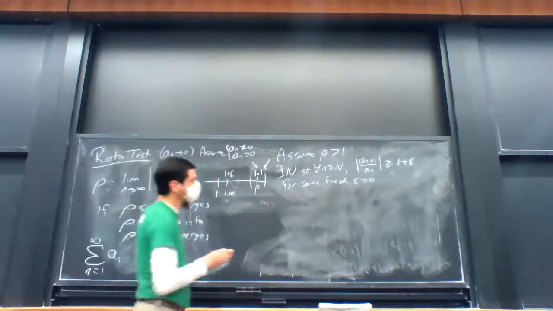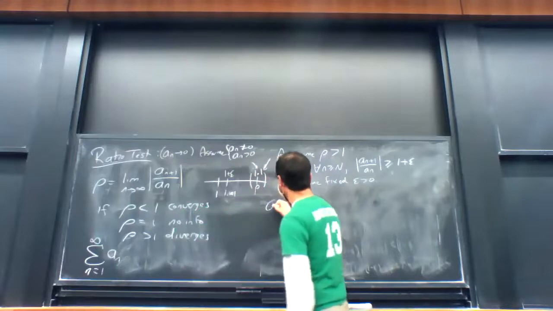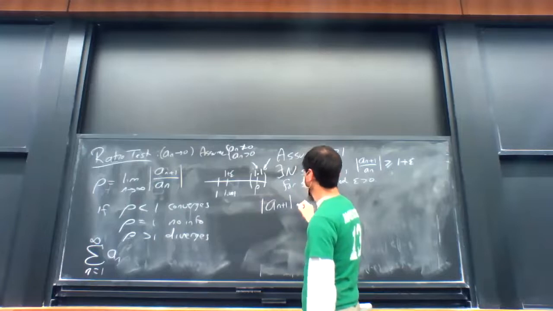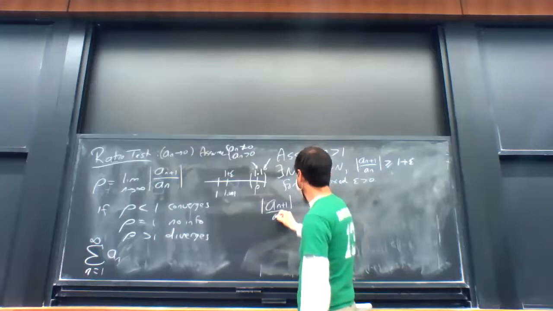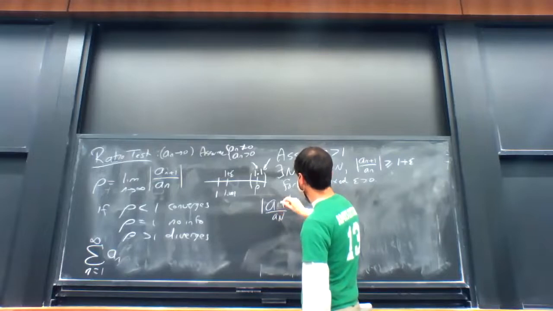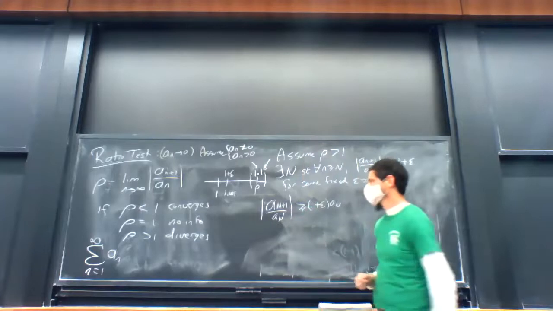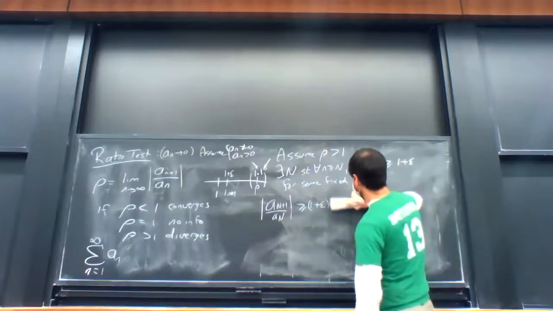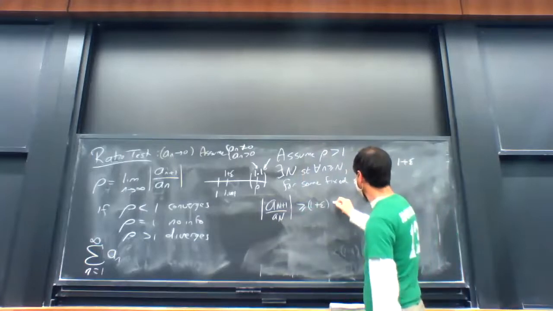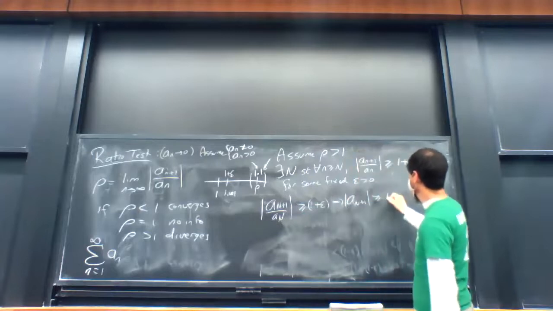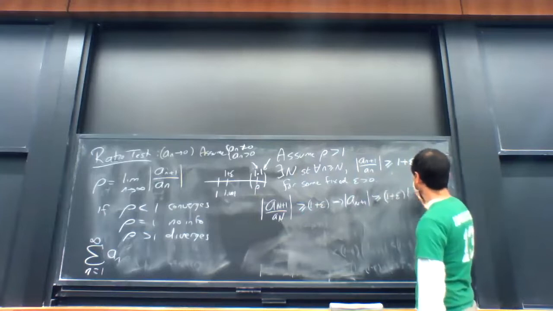So now let's look at what's going on. The ratio |a_{N+1}| over |a_N| is going to be greater than or equal to 1 plus epsilon, which means |a_{N+1}| is greater than or equal to 1 plus epsilon times the absolute value of a_N.